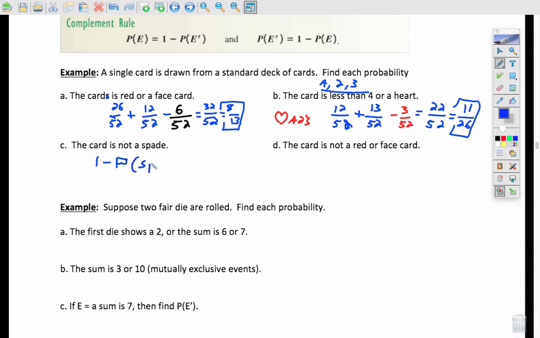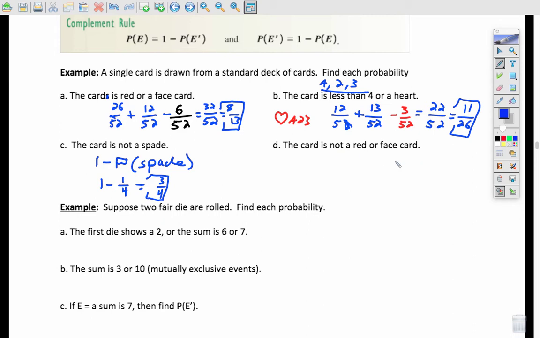So I'm going to do 1 minus the probability that the card is a spade. And the probability that the card is a spade is, of course, 1/4, or 13 out of 52. I'm going to reduce this all the way down because it's just going to be much easier to do the math in my head, and I'm going to quickly come up with 3 over 4.